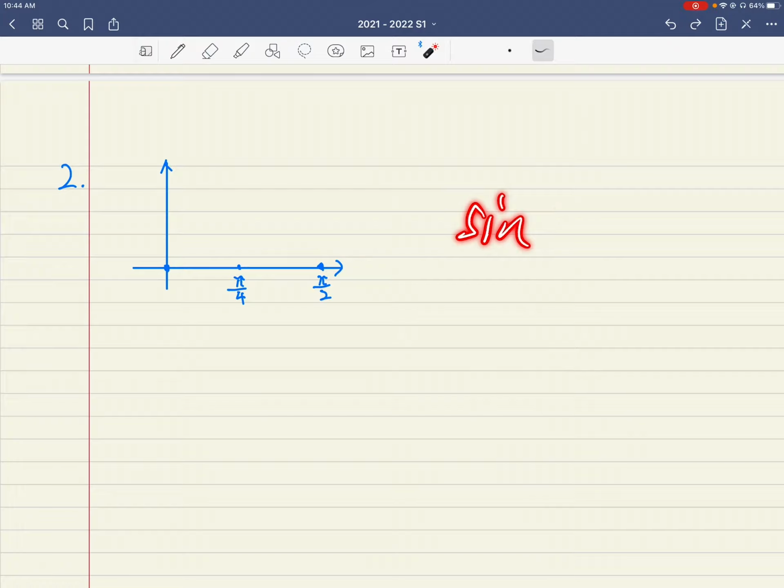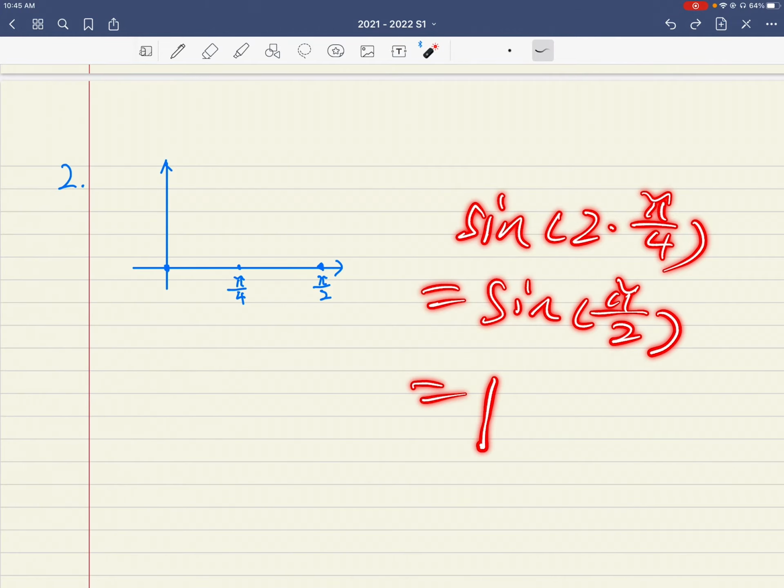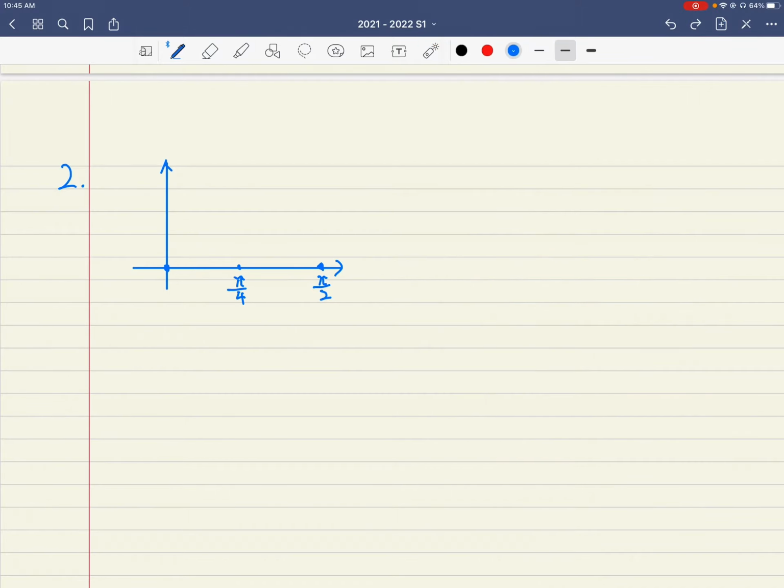And when x is pi over 4, sine 2x is sine of 2 times pi over 4, which is just sine half pi, and it is just 1. So when x is pi over 4, sine 2x is 1. Let's put it here, and then the sine curve should be like this.